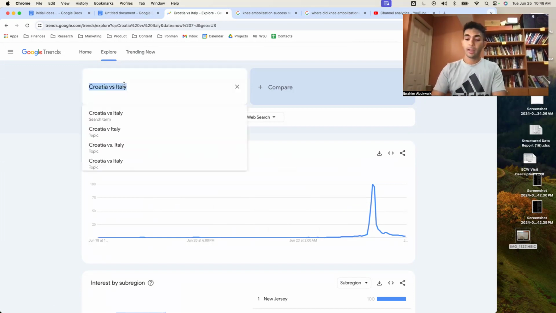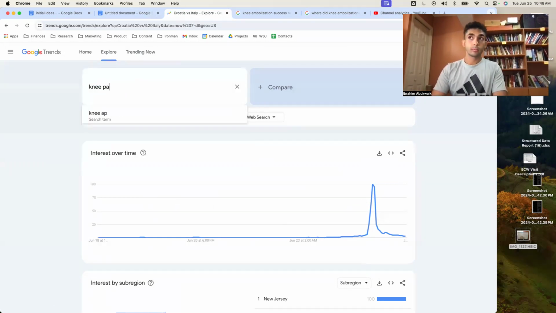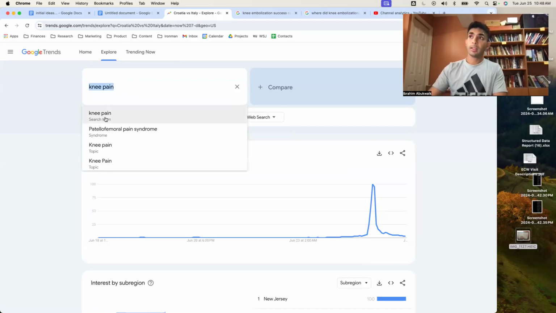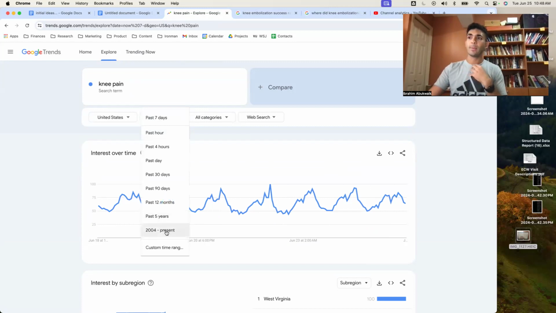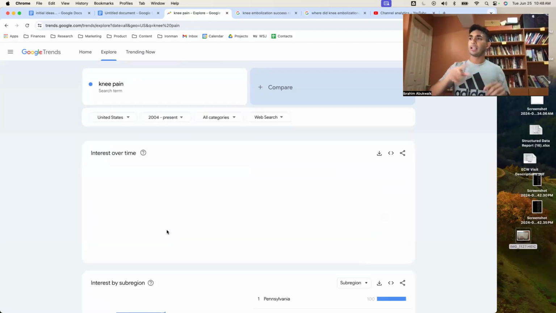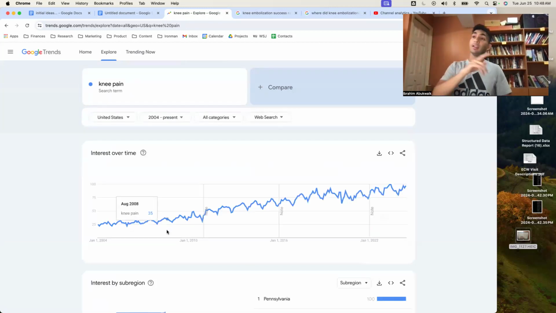If I do knee pain as a search term, I'm going to be able to see what that looks like. This is over 7 days. Typically I extend the time so I can see, is it trending up or is it trending down? So I know knee pain is a problem that from 2004 up until 2024 has been increasing.